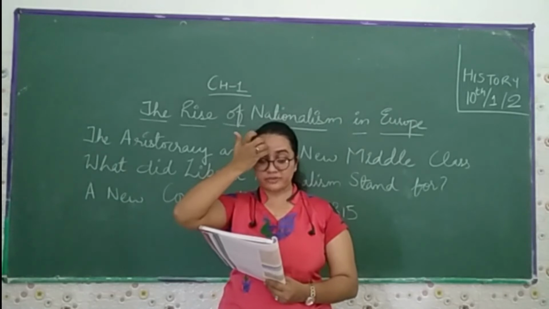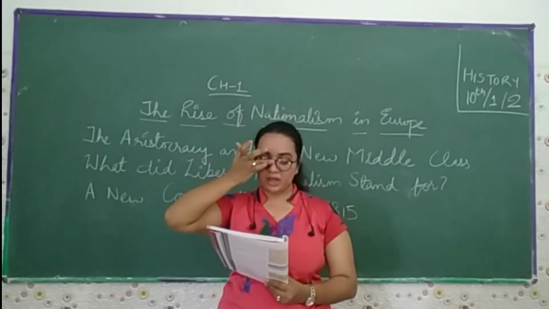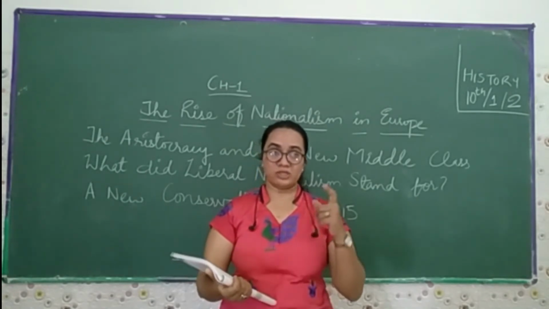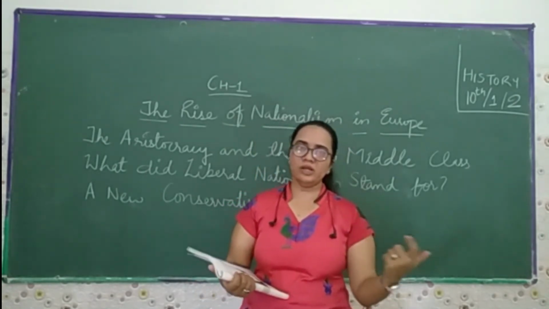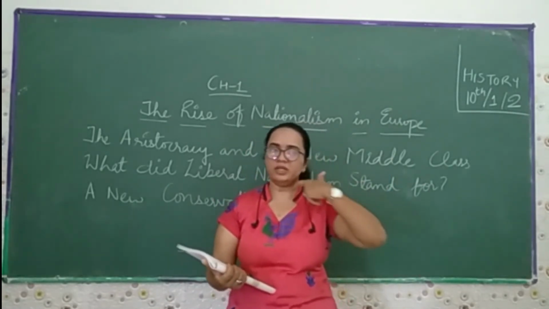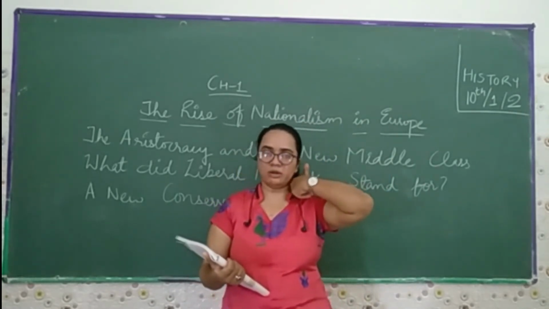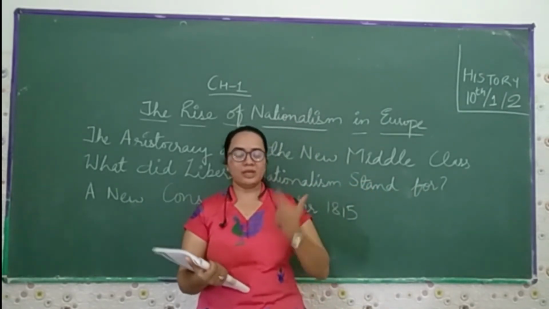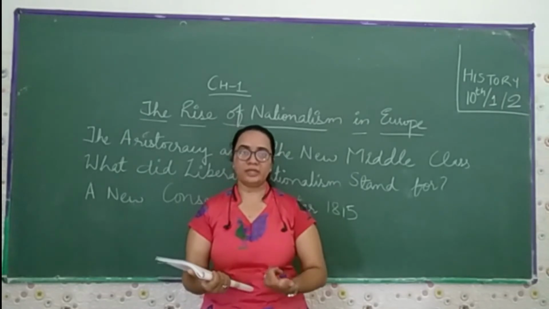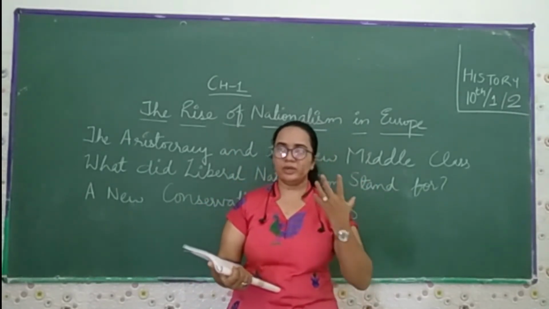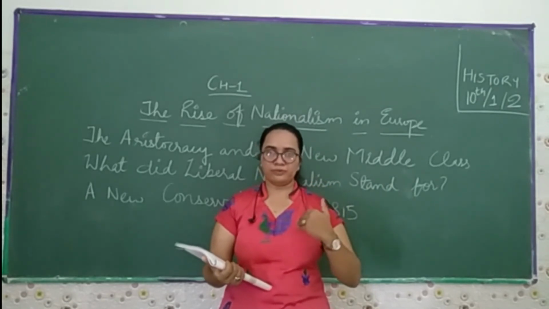Then a series of states was set up on the boundaries of France to prevent French expansion into Europe, because earlier the French used to conquer the nearby states, but by this treaty France no longer had the right to conquer the nearby places.